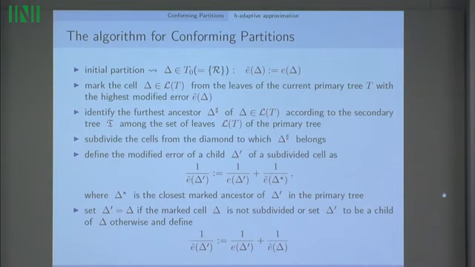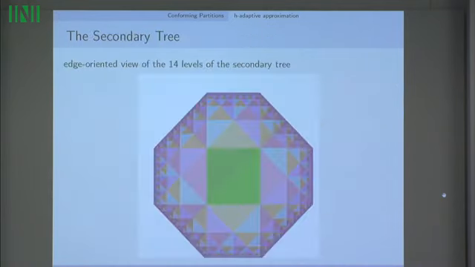However, instead of the usual way, we don't subdivide this cell. Say this is the cell we decided to mark; we subdivide the green one, because that is the one which the secondary tree shows us where to subdivide.